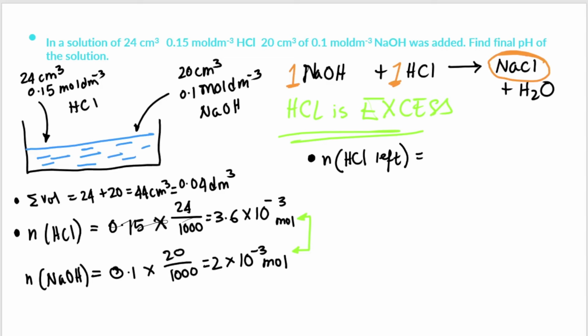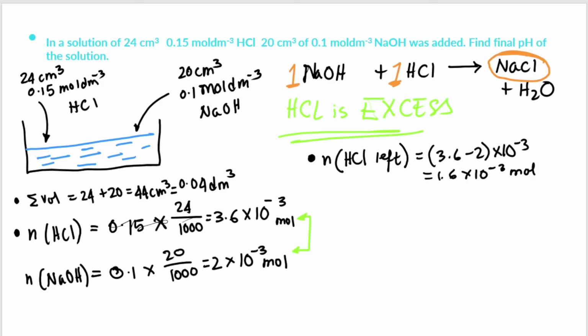That would be 3.6 minus 2 times 10 to the power minus 3, which gives 1.6 times 10 to the power minus 3 moles.